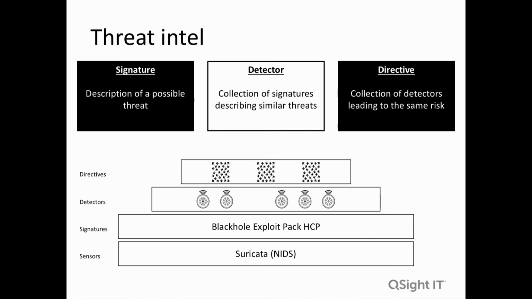So in this case, it hits a signature called Black Hole exploit pack, which belongs to a detector, which is an exploit kit. There are a lot of exploit kits, but this is one exploit kit. What should you do? This is a malware infection, and for a malware infection, we have a runbook. So you come from all this technical stuff, what is happening, to a direct hint to the SOC engineer on what you should do.